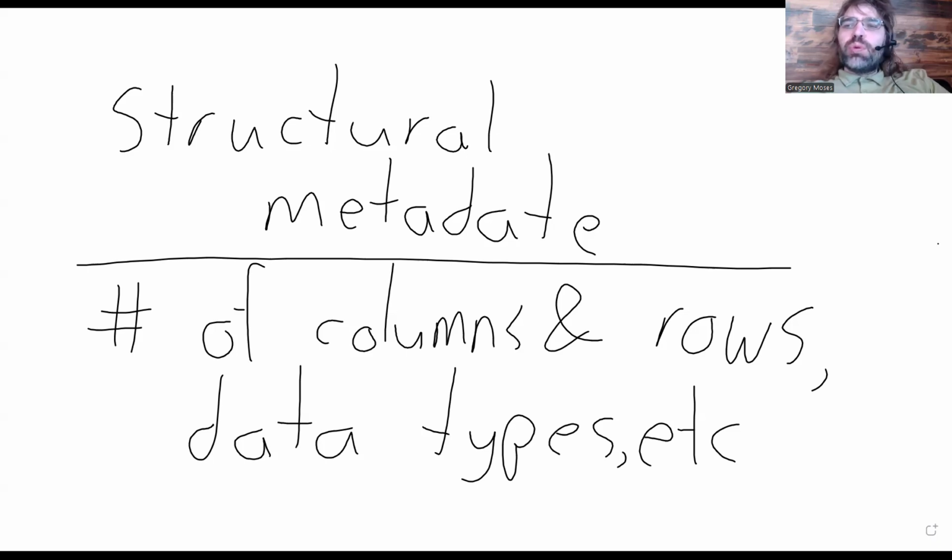Is this a Boolean? Is this a float? Questions like that. And questions like that we can usually extract straight from the data, right? We can have Python look at a table and tell us how many rows and columns there are.